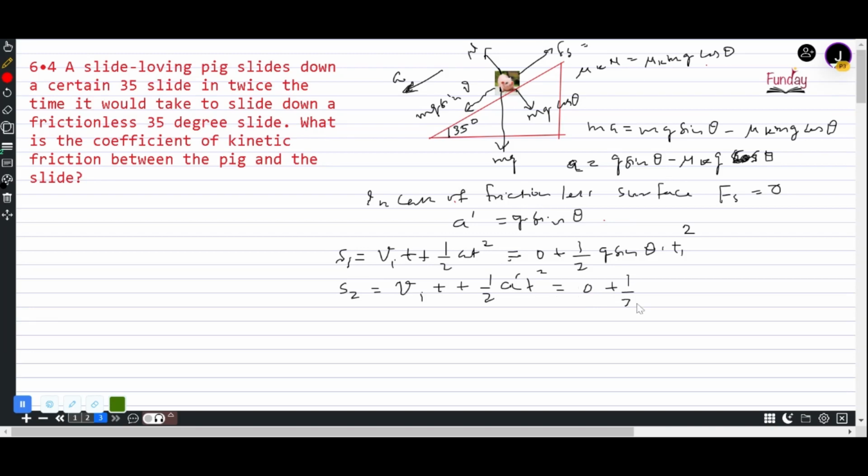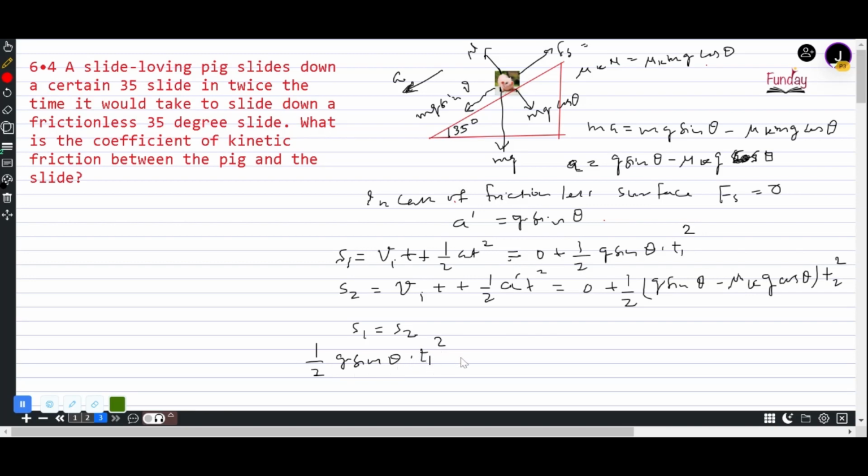Now this a and a dash have been replaced, but I hope you are able to understand what we are doing here. So one is half g sin theta t1 squared, and the other is half g sin theta minus mu k g cos theta, which is the acceleration, into t2 squared. S1 is equal to S2, so we can equate the two. Now we have to see how t1 and t2 are associated.